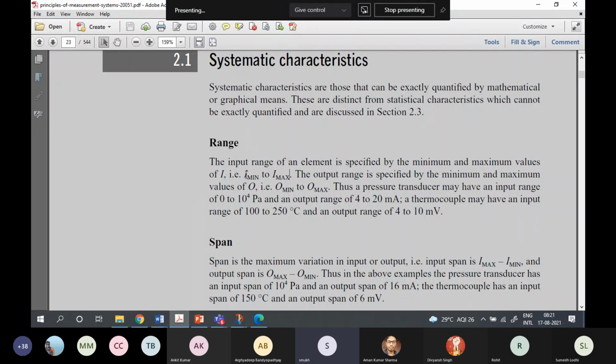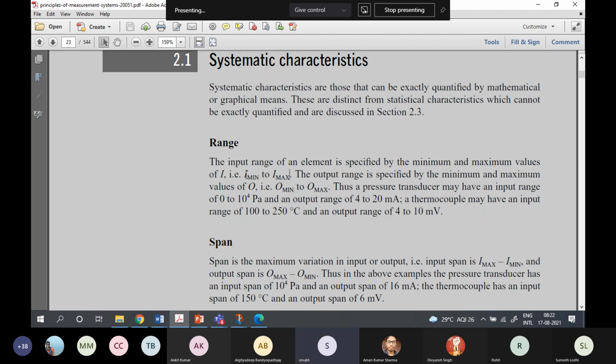You know why? Typically, suppose you want to make a sensor which will be able to measure 1000 degrees centigrade, to within plus minus 1 degree centigrade.